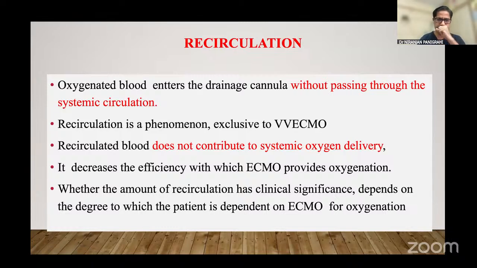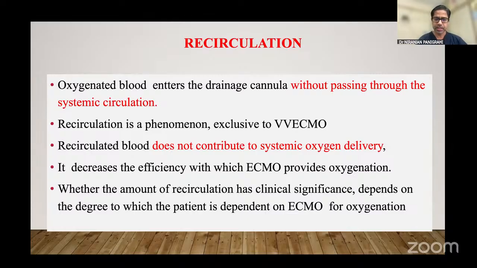The second thing is recirculation. Recirculation is a common problem while initiation or before we adjust the flow, adjust the cannula site and other things. Recirculation is a phenomenon where the oxygenated blood which returns into the internal jugular, instead of entering into the right atrium and right ventricle, passes into the IVC and enters into your ECMO machine.